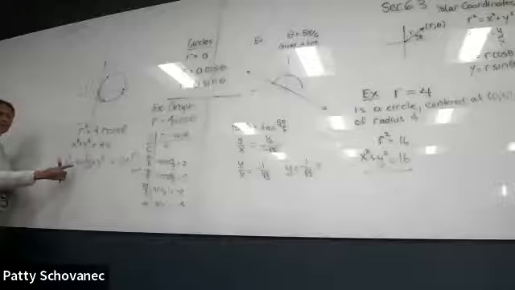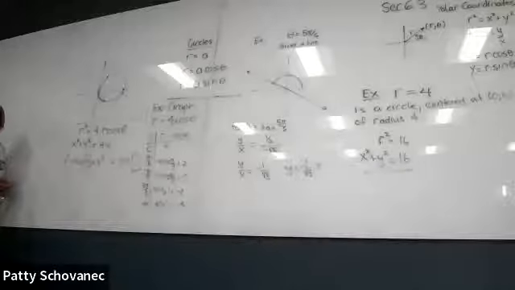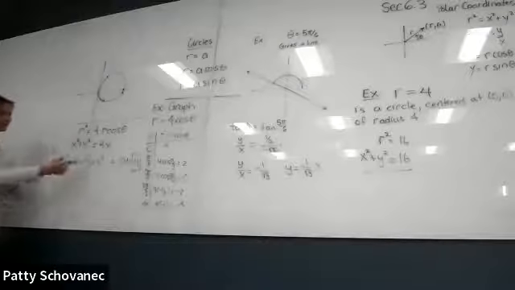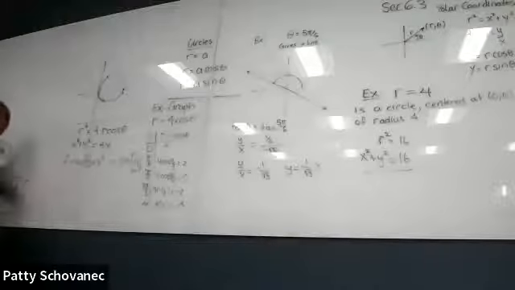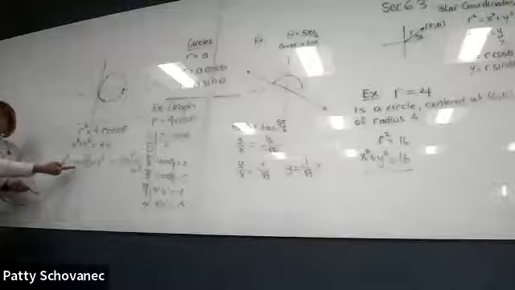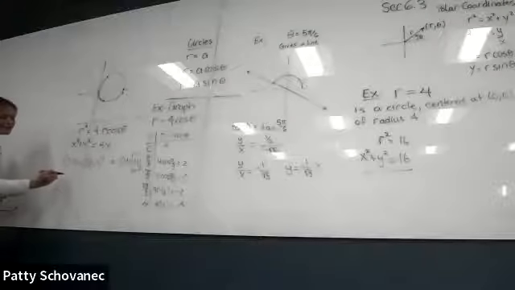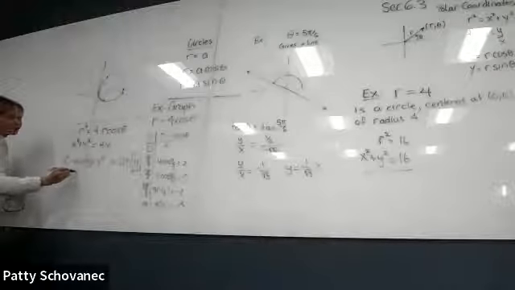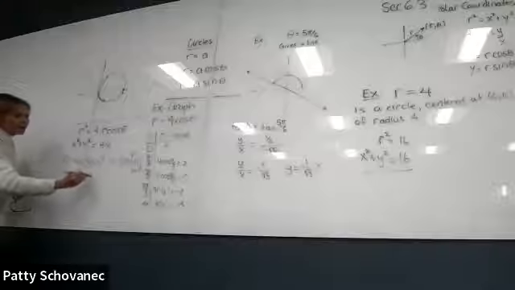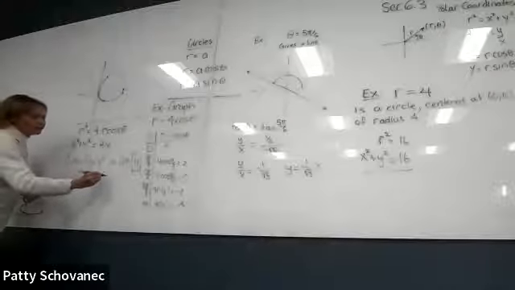Factors of positive 4 that add to negative 4 are minus 2 and minus 2. So this now factors as x minus 2 all squared. Just remember, if you complete the square, you can always take half of the middle term, square it, and that's the number you add, and you always add. So this left side factors as x minus 2 all squared plus y squared is equal to 4.